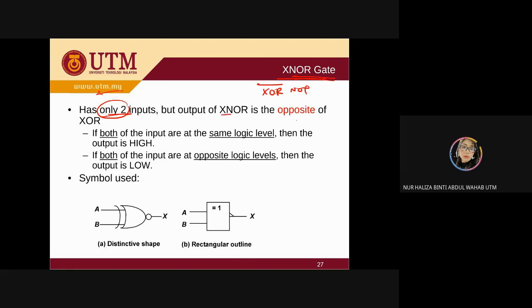It is the opposite, also a toggled value from your XOR. You have 0, 0, 0, 1, 1, 0, 1, 1, and the output 0, 1, 1, 0 is for your XOR. For your XNOR, it's going to toggle everything, so it will be 1, 0, 0, 1. So this is the characteristic of XNOR, also for the timing diagram.